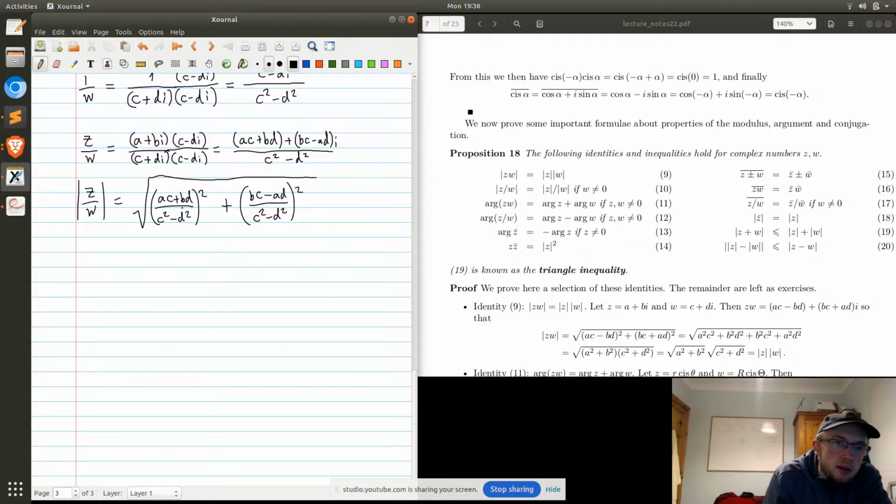Well, that denominator there will be squared, won't it? And so will that one. And then we combine them. And then you take the square root of that denominator. And so it's all over C squared minus D squared. You know? So it's really just the top.